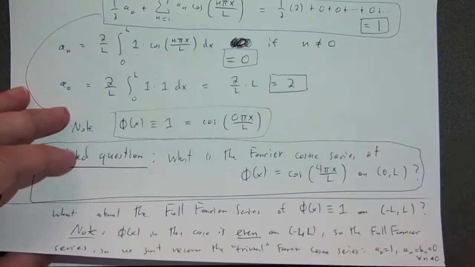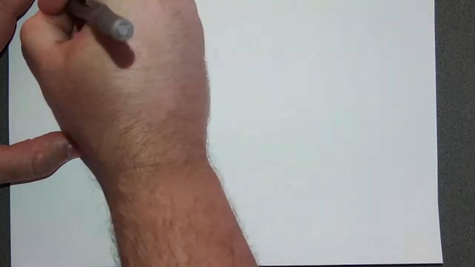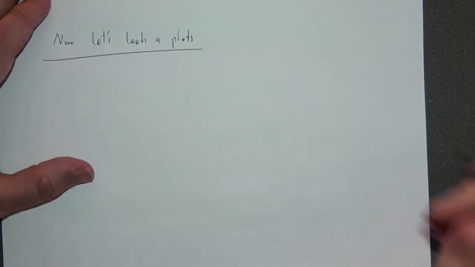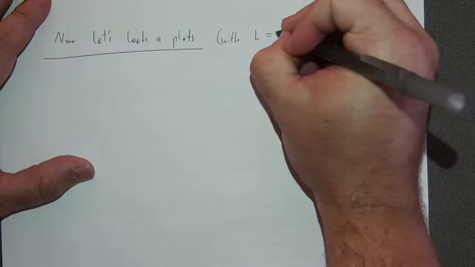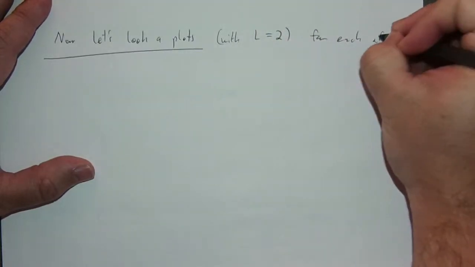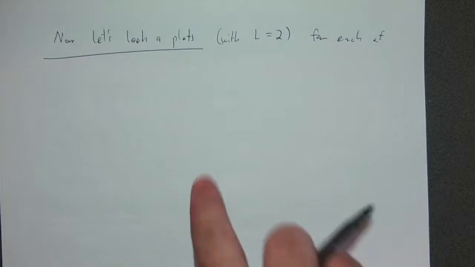Now, let's look at plots of these things. We'll pick L equal to 2 here, for each of the Fourier sine, cosine, and full Fourier series.